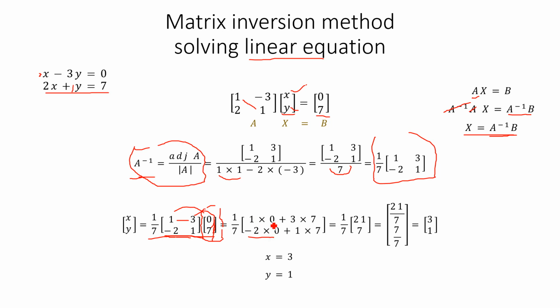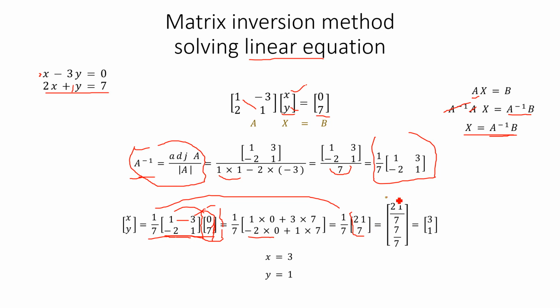Multiplying 1 with 0, we will have 0. Multiplying minus 2 with 0, we will have 0. And multiplying 7 with 3, we will have 21. And 7 multiplied by 1 is equal to 7. And this 1 over 7 will come here. So we have 1 over 7 into the matrix 21, 7. Now we are going to multiply this 1 over 7 with this matrix, and we multiply each term.